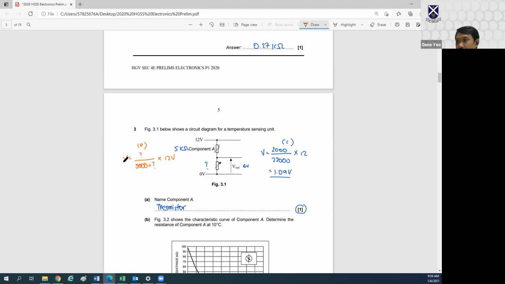And here, they already told me what the voltage out is. It's 6. So I can replace this with 6 volts. Okay, so this is the method, and the unknown, once you press your calculator, should give you 5,000 ohms. Anyone unsure of the method, how I derived the equation or anything, please raise your hand.